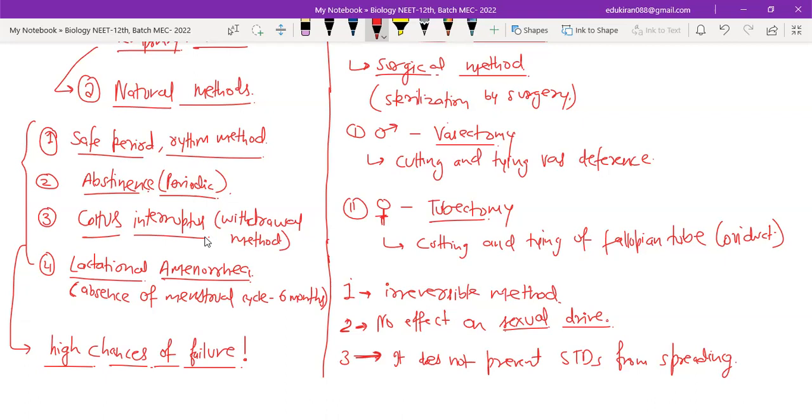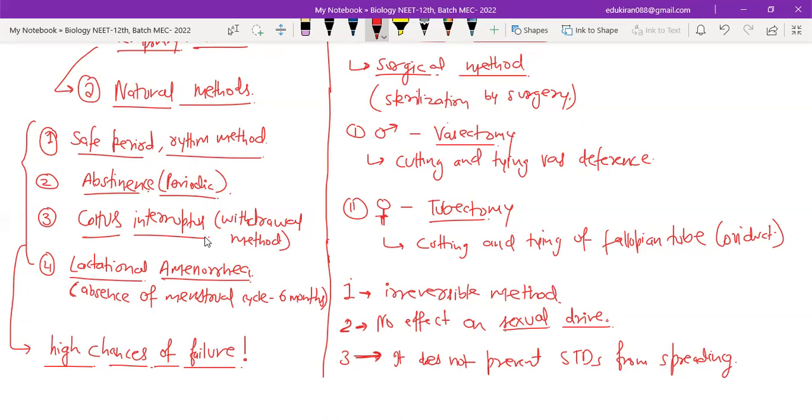These glands are already secreting fluid for lubrication and making the urethra alkaline, etc. Correct? Yes, sir. There is body fluid already being secreted much before ejaculation, and there is a possibility that, if not in a large number, there still can be sperms in these body fluids. Yes or no? Yes, sir. Sperms could just be leaking there from the ejaculatory duct because there is no gate, right? It's not like a dam where the gates are closed, sperms cannot come. So it also has a high chance of failure.